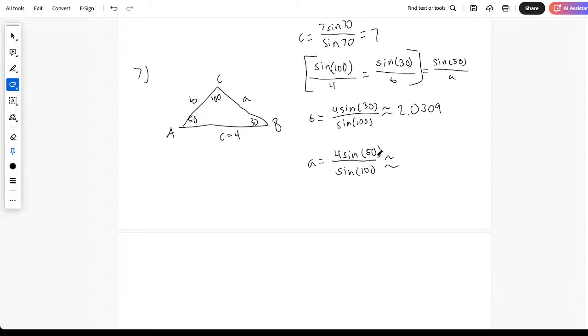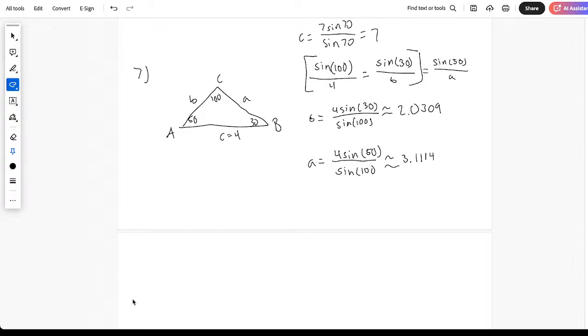So that equals 3.1114. Okay, we go to the website where I have to put this in. So angle A is 50, side A is 3.1114, and B is 2.0309, okay.